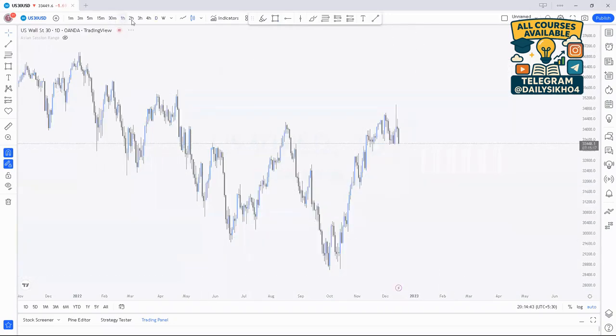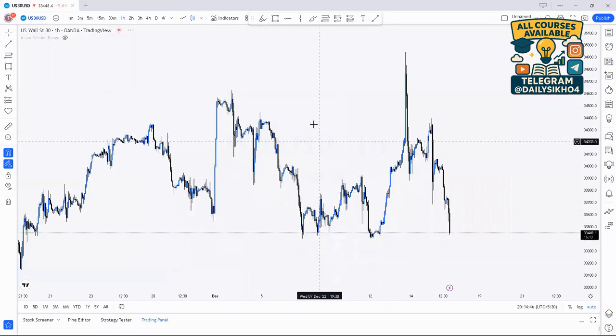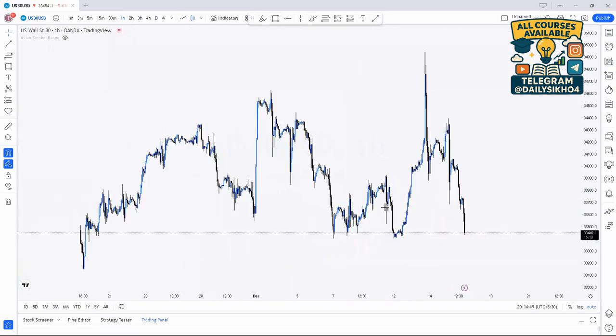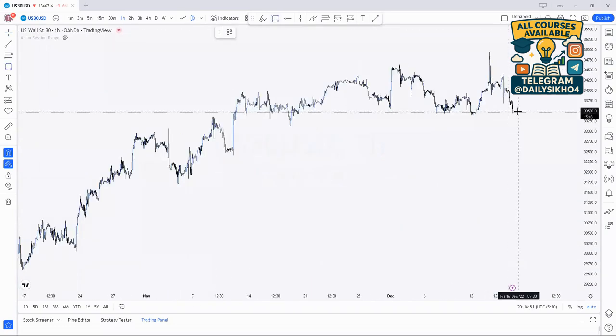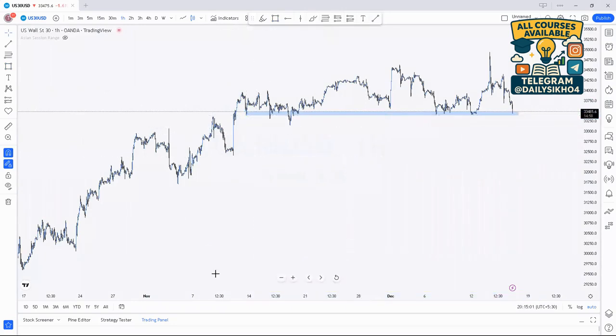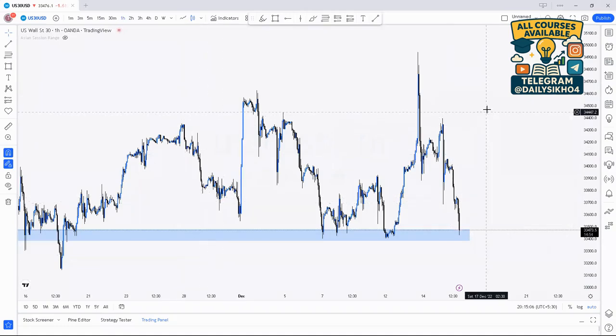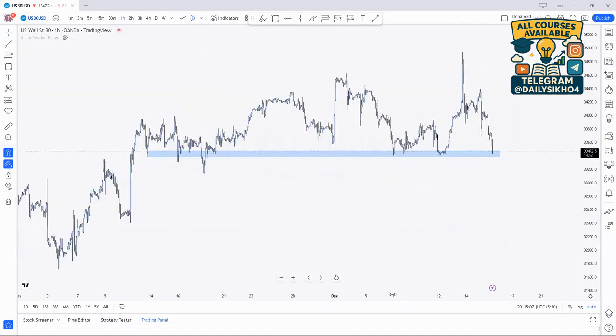So the first rule of this will be marking out areas on the hourly time frame. Look at this, for example, this over here is very key. It's a good level of support and resistance. So this is what we will actually be doing.